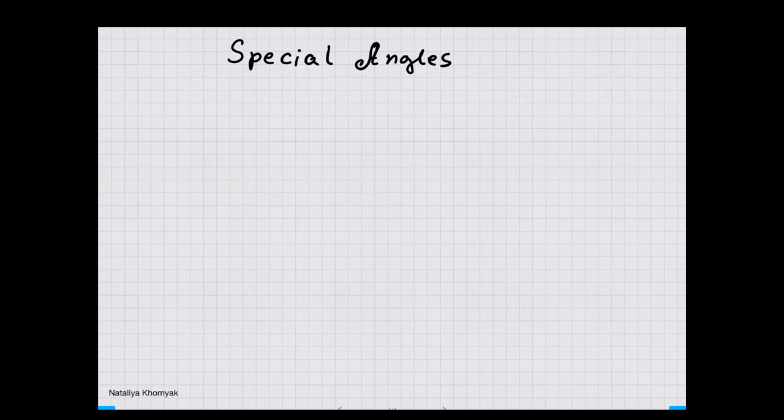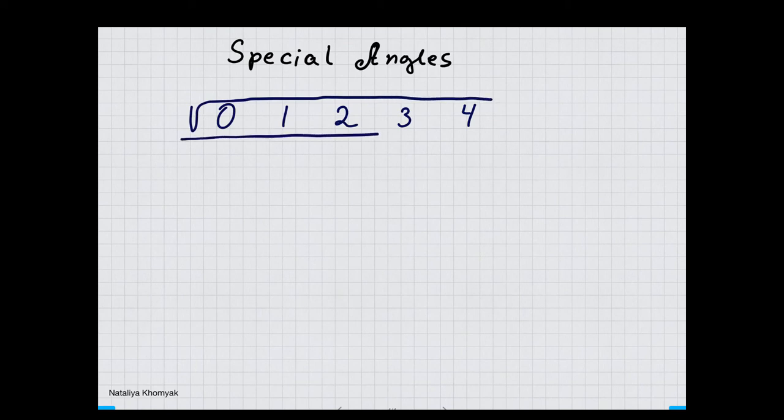If you have memorized those tables already, you can just shut off the video. But here we go. You start at 0, 0, 1, 2, 3, 4. You take a square root of this whole thing and you divide the radical by 2.